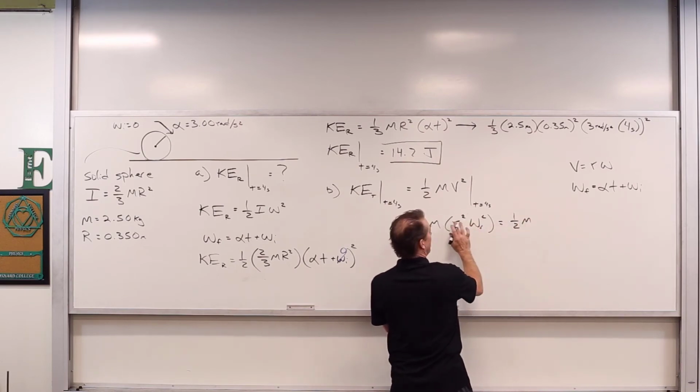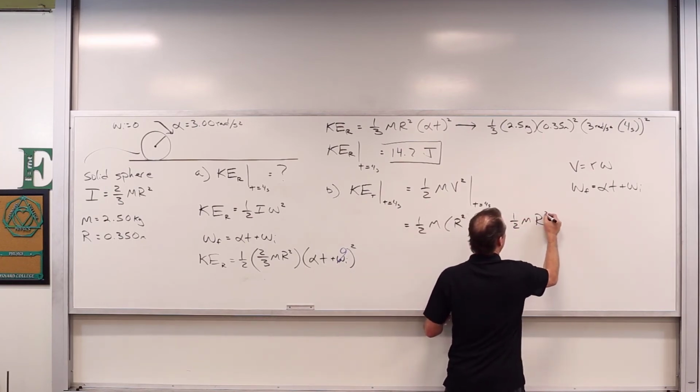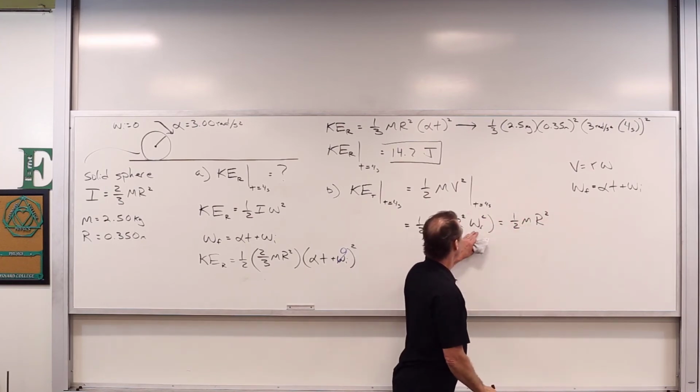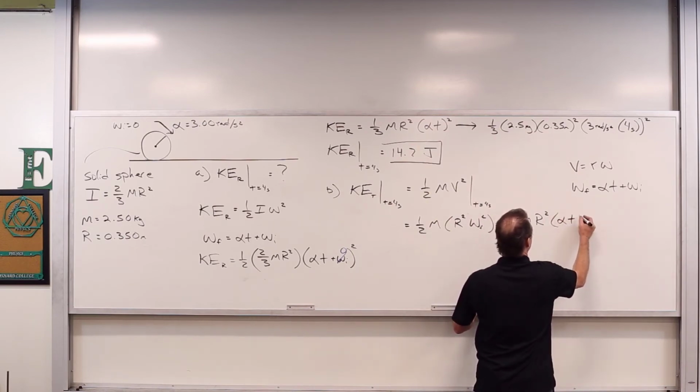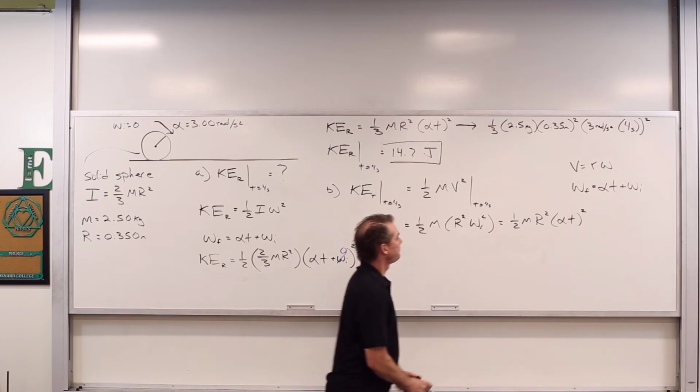This would really be a capital R here, the radius of it, 1/2 m r squared times omega final squared, which is alpha t quantity squared.